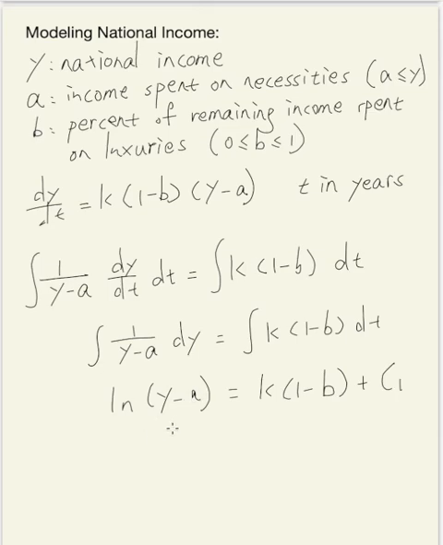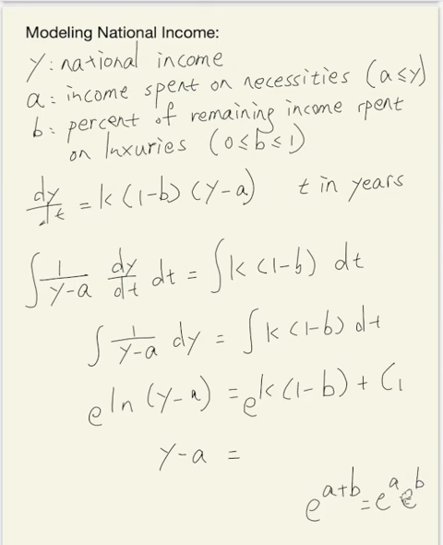To get the explicit solution, we exponentiate both sides. So e to the left-hand side equals e to the whole right-hand side. Now e and ln cancel out, right? So on the left-hand side, we're just left with y minus a. On the right-hand side, remember the exponential rule: e to the (a plus b) equals e to the a times e to the b.